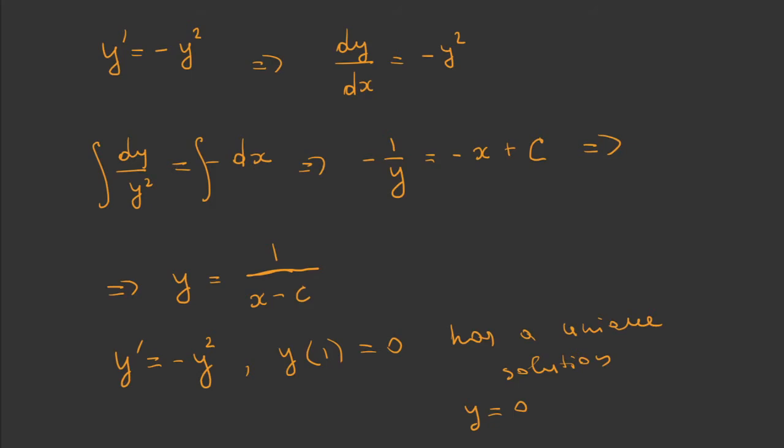Now, if you choose a point which is not on the x-axis for your initial condition, then the corresponding initial value problem will have a unique solution given by one of these equations, y equals 1 over (x minus c), and the corresponding solution curve will be a hyperbola.